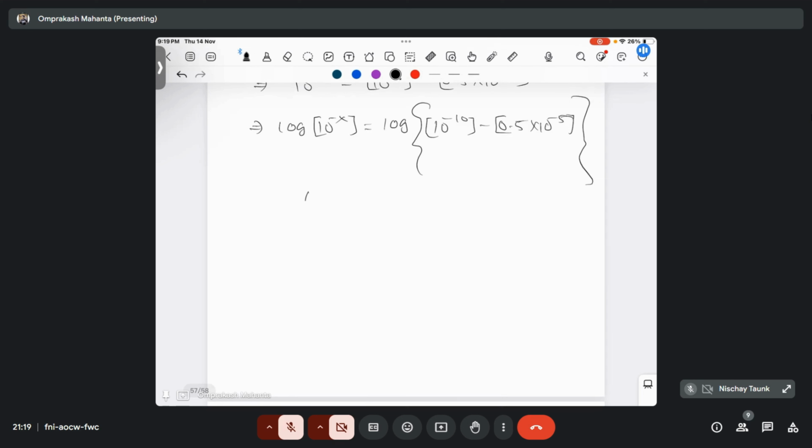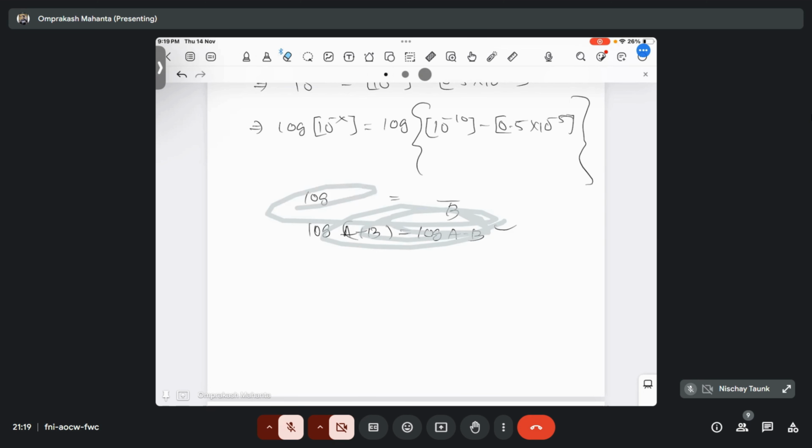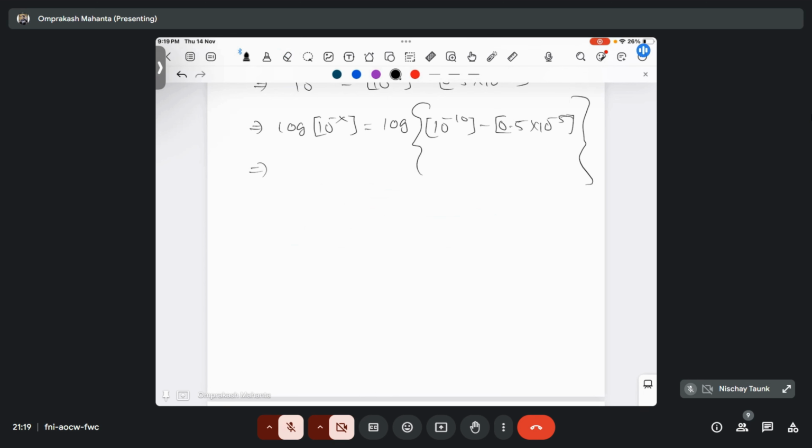So you know what is log a minus b? That is log a by b. And what is log a plus b? That is log a into b, right? These are the basic things; you'll study it in your 12th or 10th class. And there is another thing: if log x to the power 10 is given, then 10 will go to this side and it becomes 10 log x. This is also a trick.